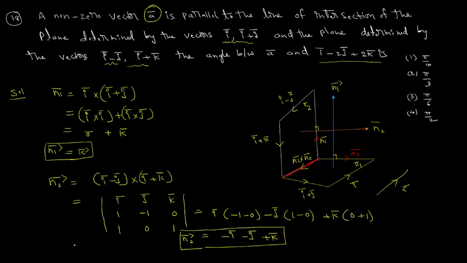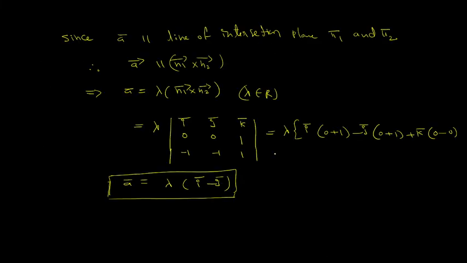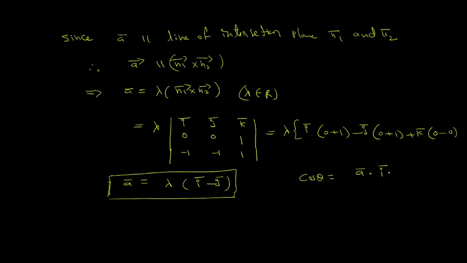Now cos theta, we can write the formula: cos theta equals a bar dot i bar minus 2j bar plus 2k bar, divided by modulus of a bar times modulus of i bar minus 2j bar plus 2k bar.